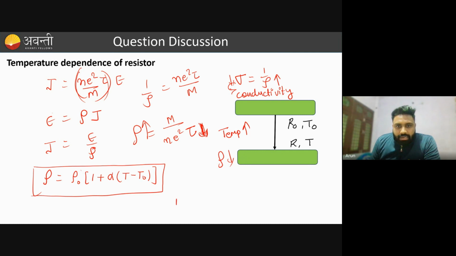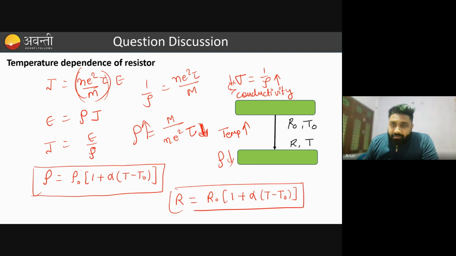And another formula for resistance, because resistivity is directly proportional to resistance: in the same way you can write R naught into 1 plus alpha into T minus T naught. Now this alpha is the temperature coefficient of the conductor.